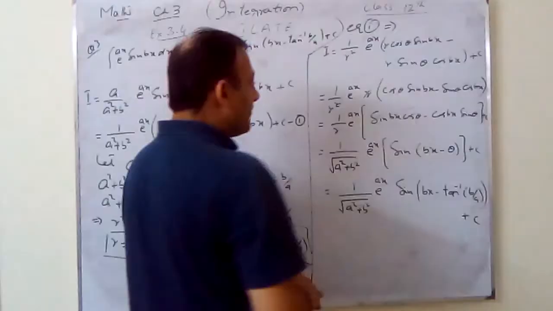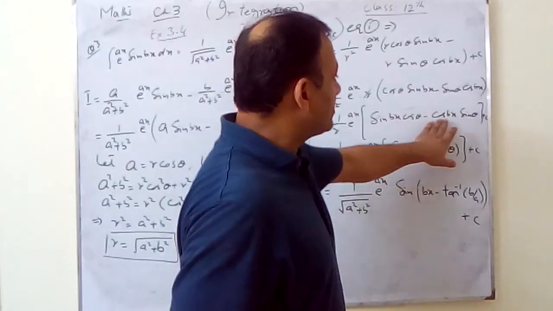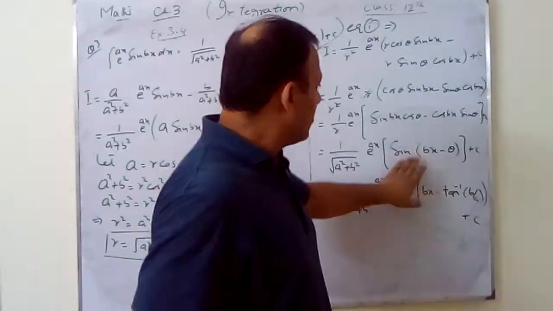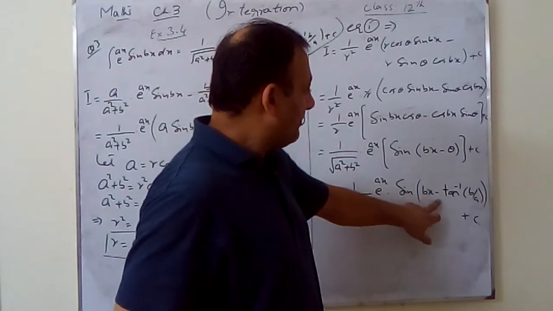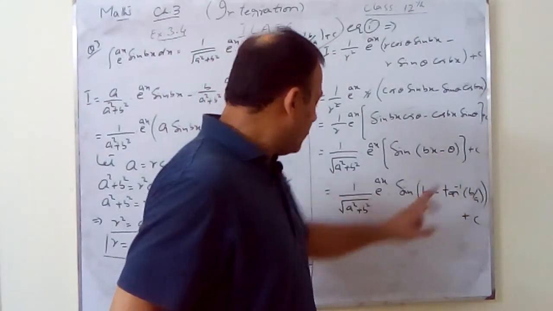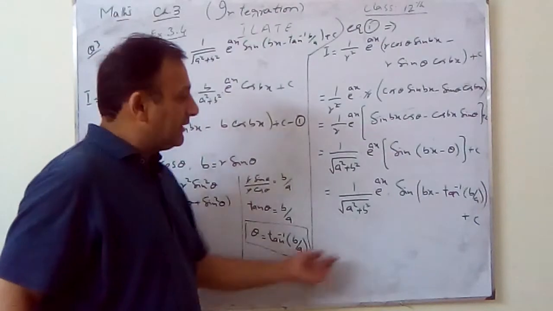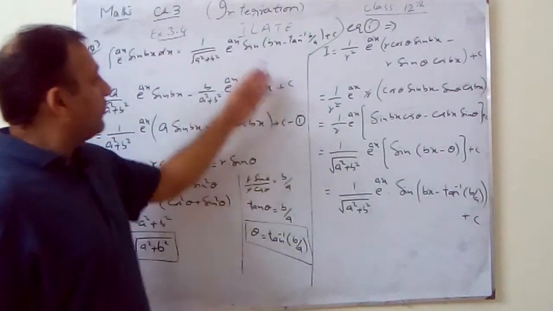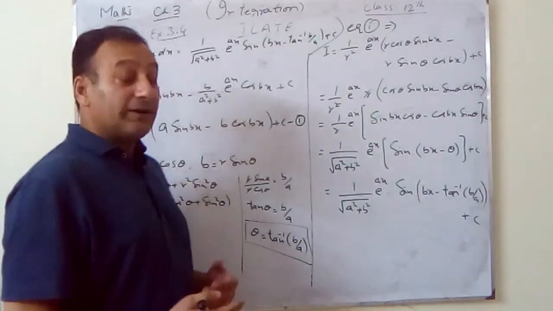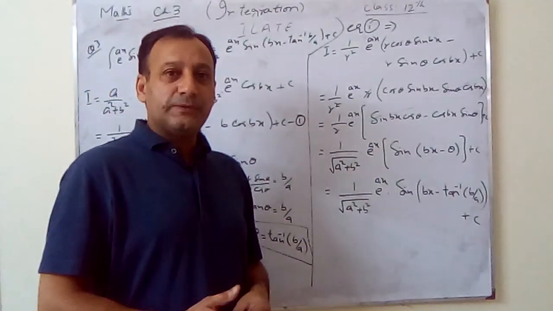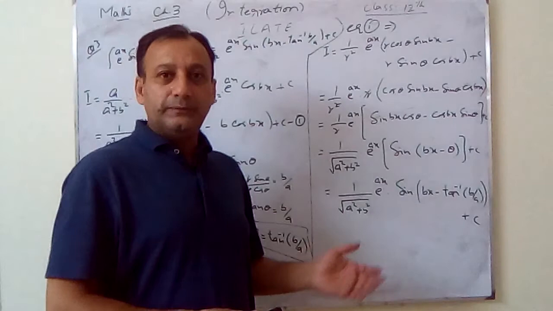This we have a formula, sin alpha cos beta minus cos alpha sin beta, so sin alpha minus beta. So theta is tan inverse b over a, and I have just replaced the value. So it is proved, hence proved. This is a very important question, a long question, so try to solve this one. Thank you very much.